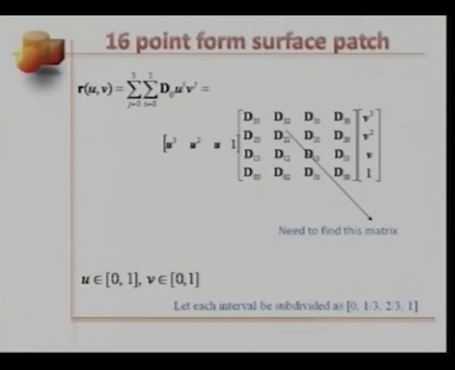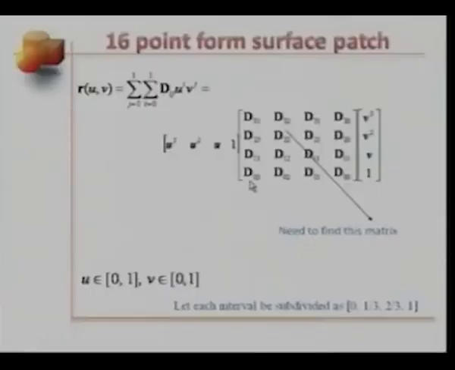The idea is that we have 4 values for parameter u, 0, 1 by 3, 2 by 3 and 1, and likewise we have 4 identical values for parameter v. Correspondingly, we will be having 16 sample points that we would need to use to determine the unknown coefficient matrix.